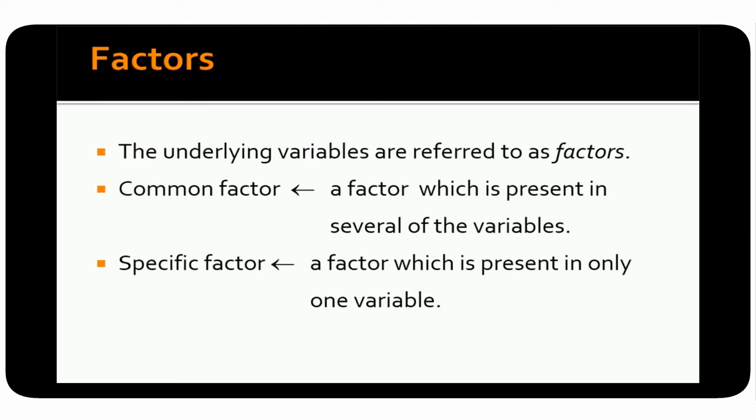This is also a dimension reduction technique, but as you will see, it works in the reverse direction of the principal component. In this case, what we look at is what are the underlying characteristics which affect the variables. So, there may be a very large number of variables, maybe 50 variables.